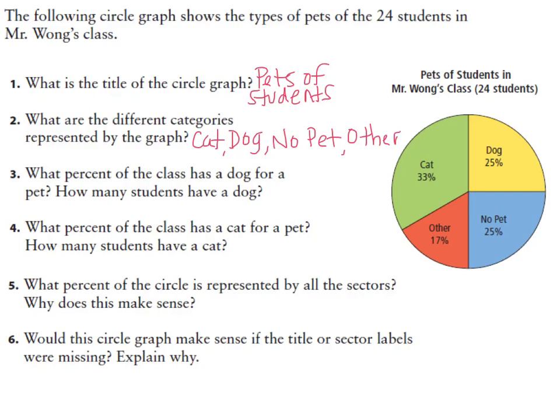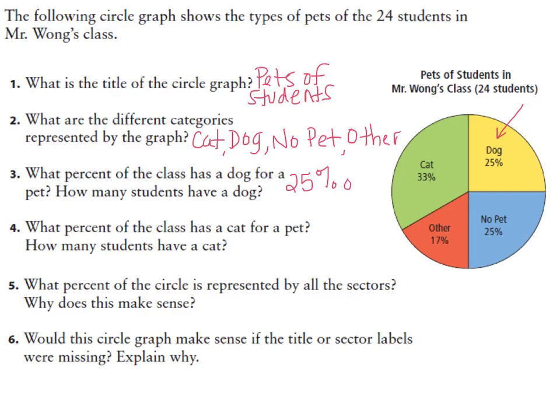Number 3, what percent of the class has a dog for a pet? Well, just by looking at the circle graph, we can see that 25% have a dog. So now what we need to do is figure out how many students that actually is. So what we want to find is 25% of 24 students.